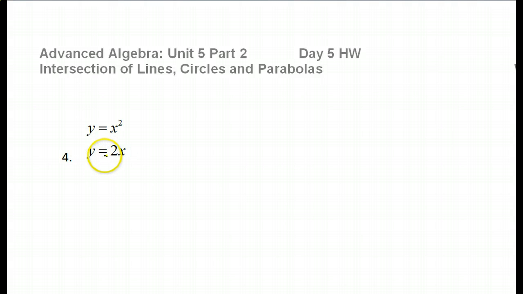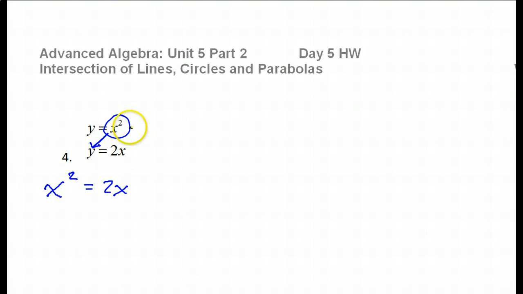Okay, let's definitely do this the easy way and just do a quick substitution. Because y equals x squared, again, I can just take this x squared and substitute it for y right now. So that's going to give me immediately x squared is equal to 2x.